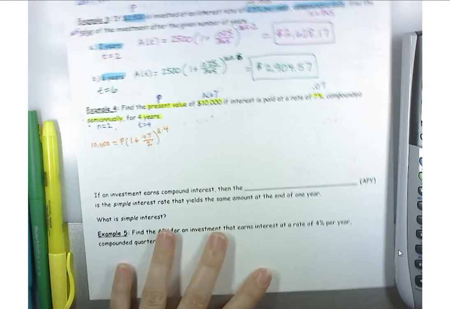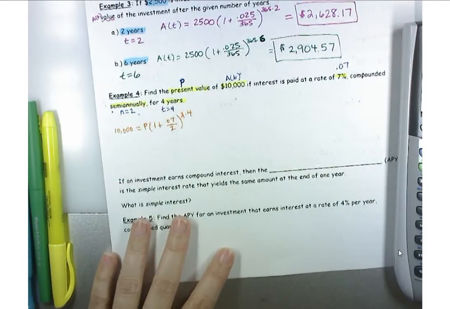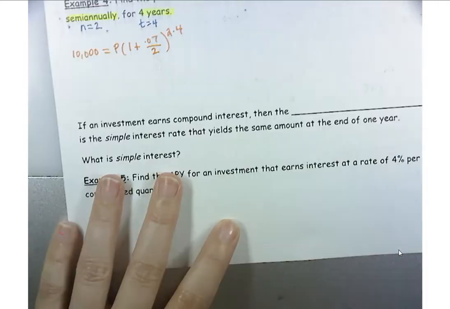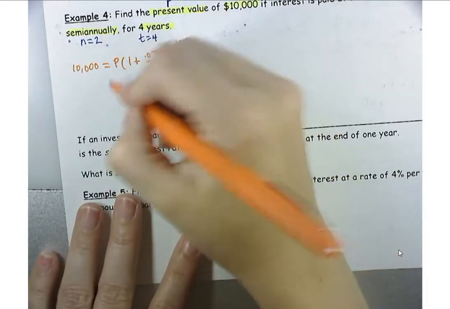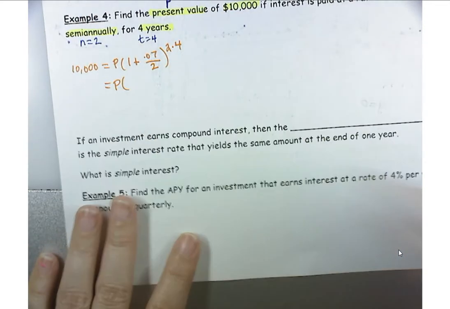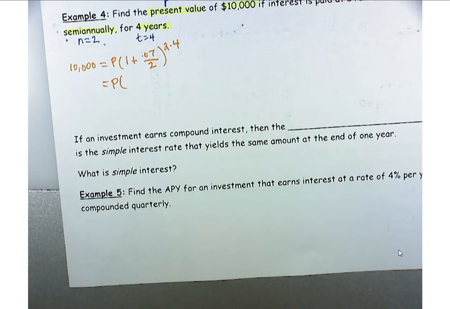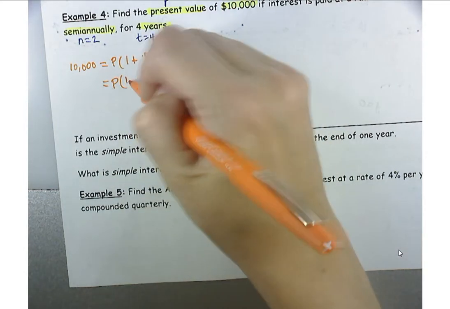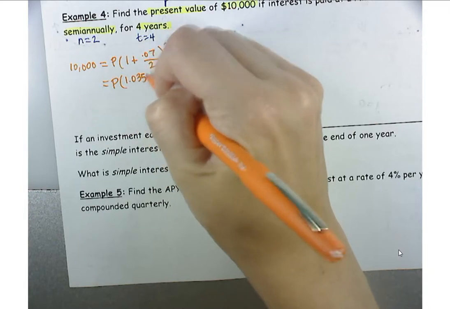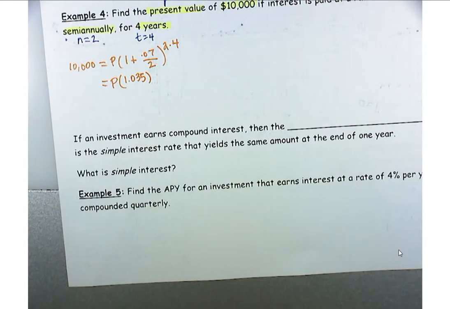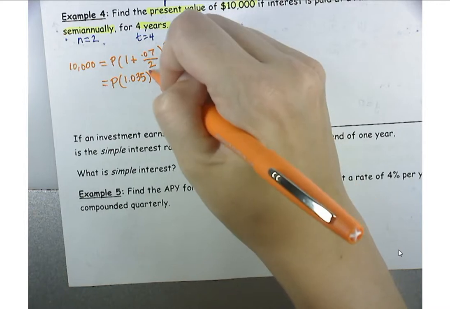Okay, so if I'm going to solve for P, I'm going to have to evaluate the rest of that equation. So the first thing I'm going to do is 0.07 divided by 2, which, what is 7 divided by 2? 3.5. So this is just going to be 1.035. And 2 times 4 is going to be 8.